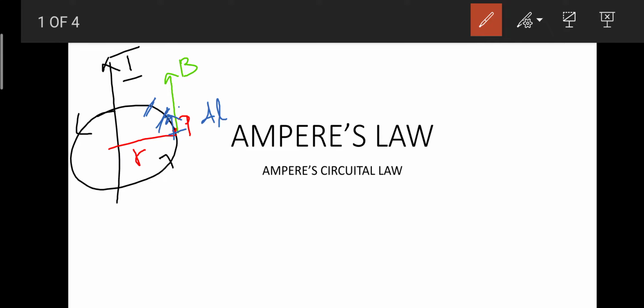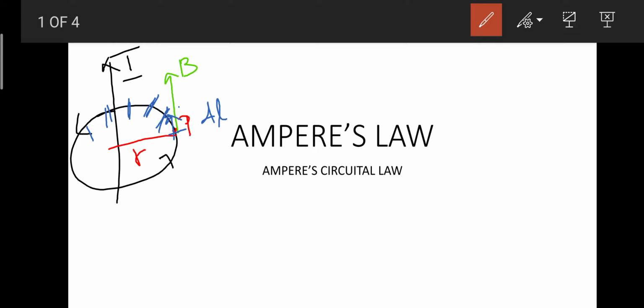For this case 10, for this case 10. If we have divided into 100 length elements, then 100 into 10, so overall B dot dl for the whole loop would become 1000, right?